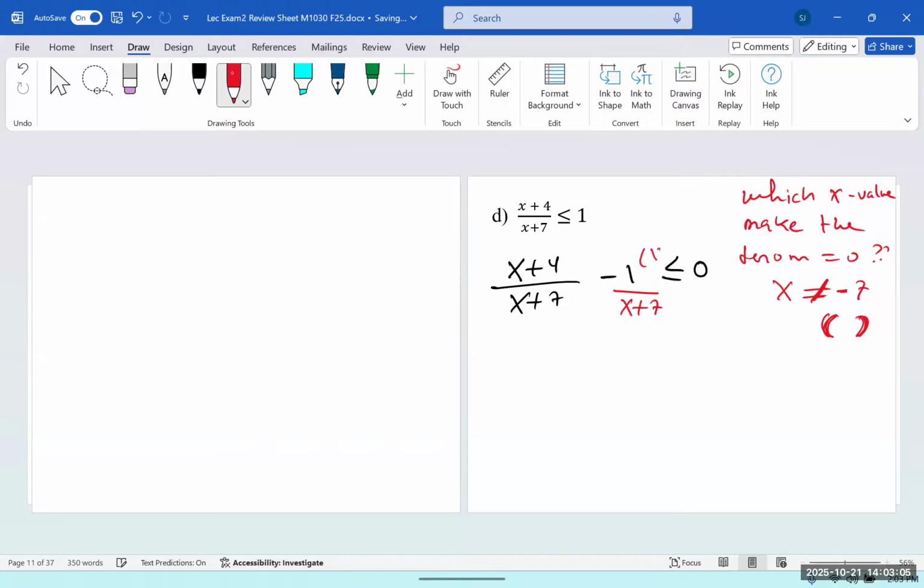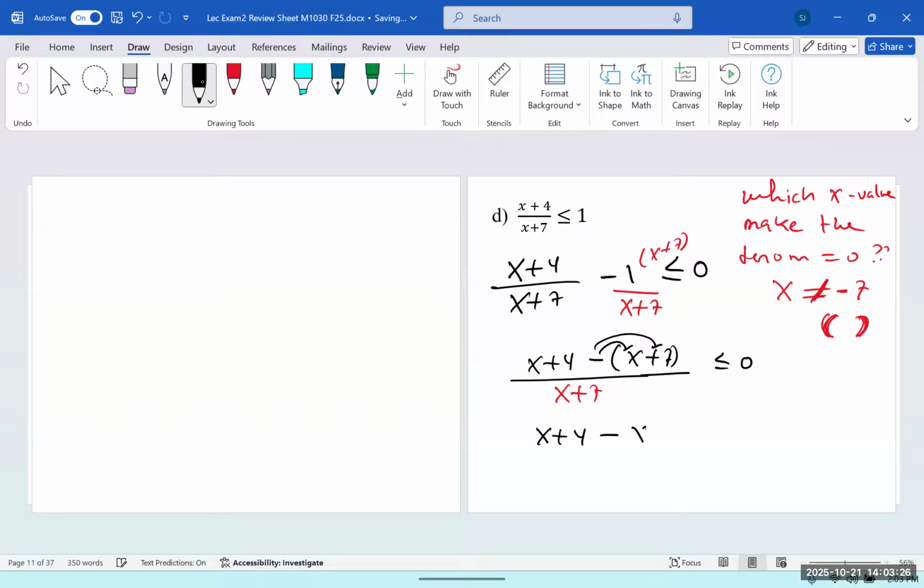We also have to put it on the numerator. So we have x plus 7 on the denominator, which you like. And we have x plus 4 minus (x plus 7) less than or equal to 0. If we distribute the negative, we have x plus 4 minus x minus 7 over the denominator x plus 7.